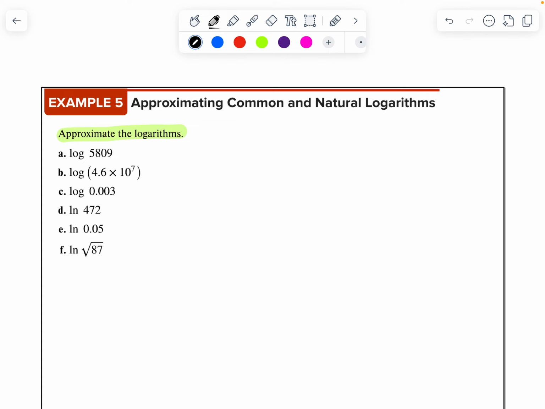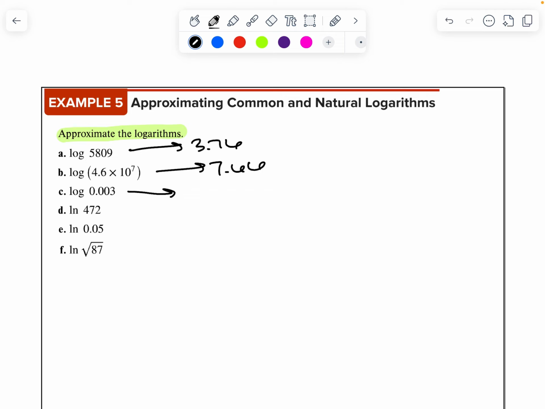So if I did log 5809 in the calculator, it gives me 3.76. Log of 4.6 times 10 to the 7 is going to give me 7.66.